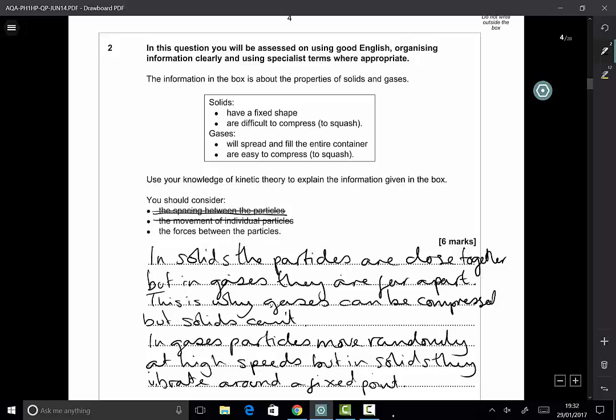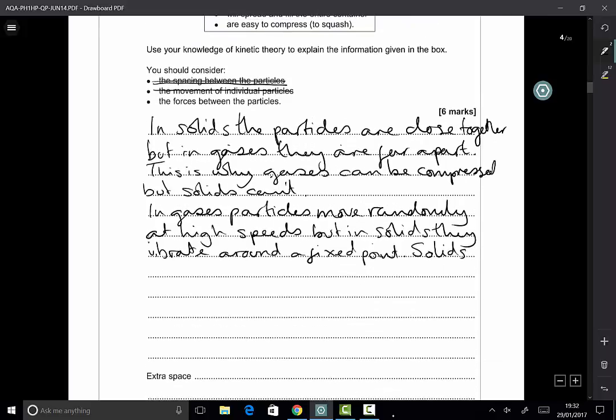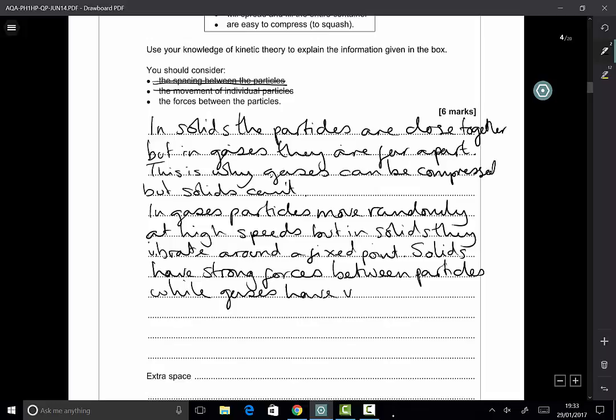The forces between the particles. Solids have strong forces between particles, while gases have very weak forces.